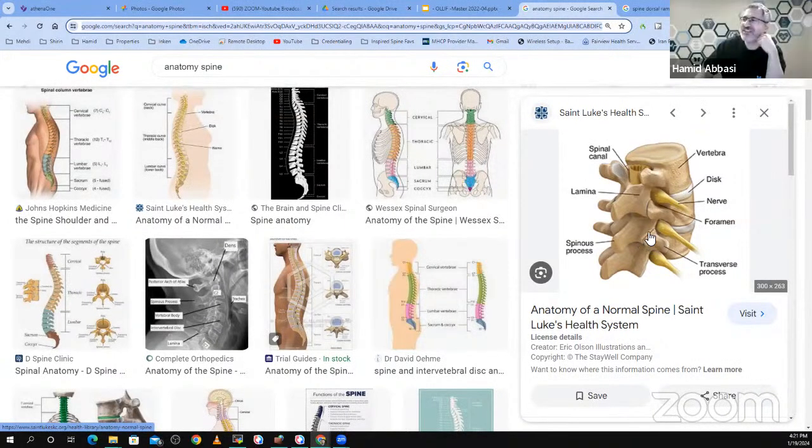Now, I have heard the theory, Shaul, you tell me what you think about that. Mechanically, 80% of our weight is supposed to be carried by the anterior or front segment of the spine, meaning the disc, and 20% is supposed to be carried by the facet. The theory is that if your disc is really bad, it puts too much stress on the facet, and the facet wears off, and they grow.